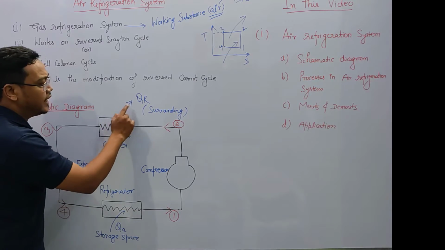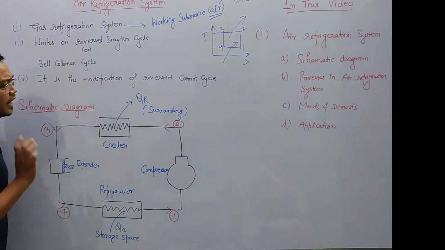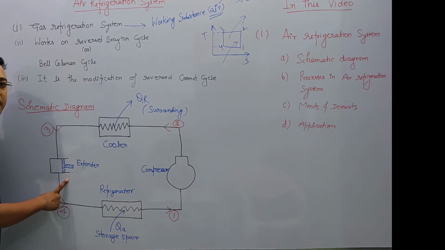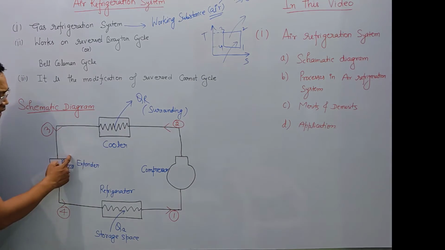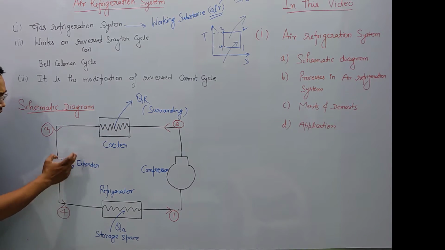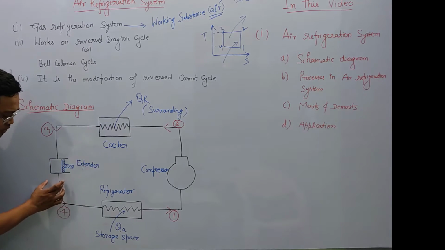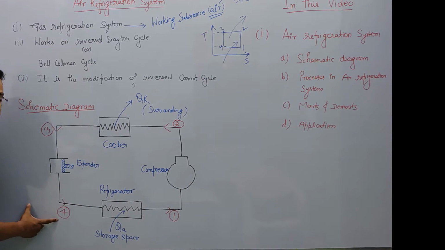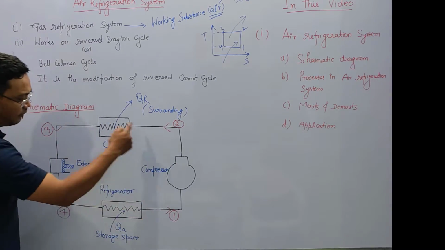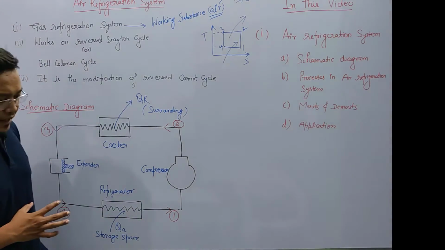Now, after releasing heat, this air will go to the expander. In expander, pressure of air and temperature of air will reduce. So it will again come at stage number 4. So again this cycle will happen. The process will repeat.